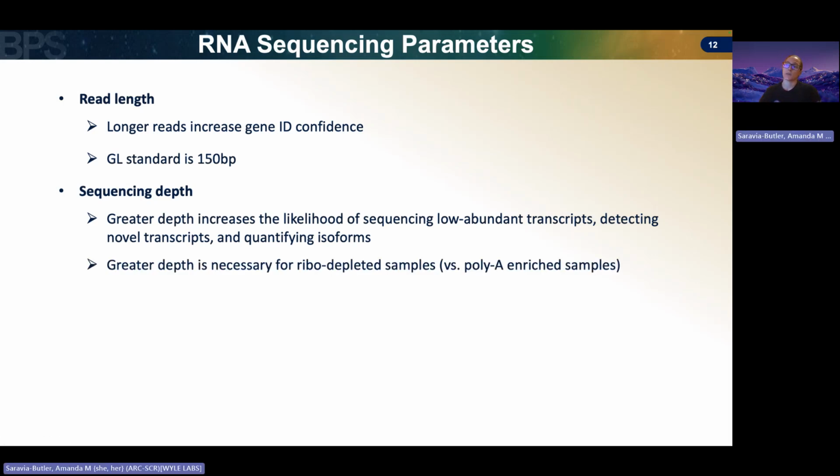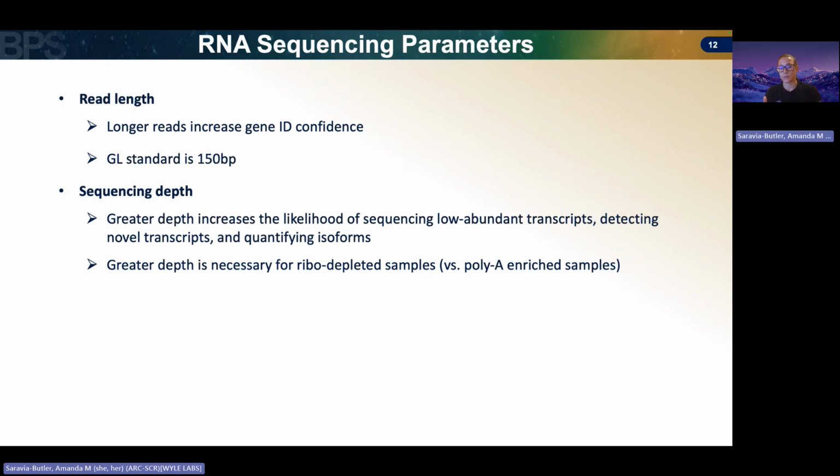Also, keep in mind that you're going to want to sequence at greater depth if you prepared your samples using the ribodepletion method over the poly-A method. And this is because if you did the ribodepletion method, if you recall from the GL4U intro module set, that means that you have more types of RNA left in your sample.